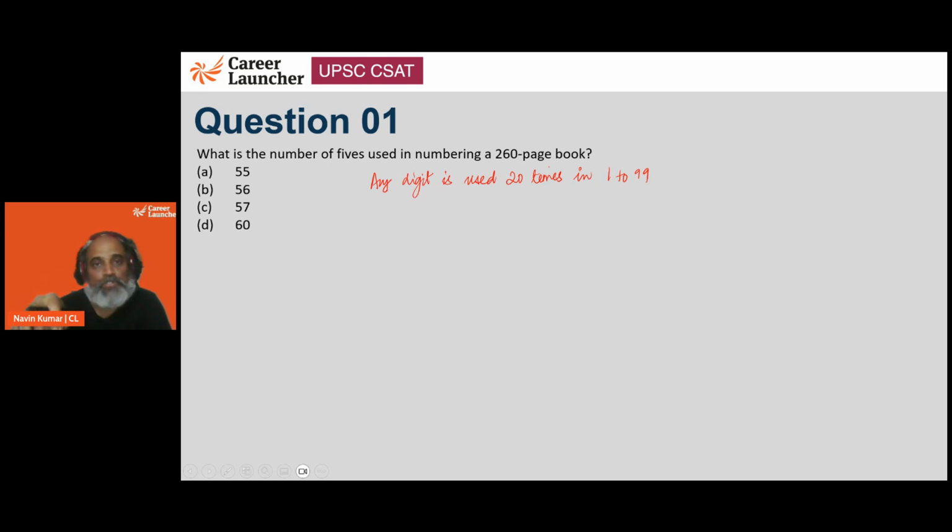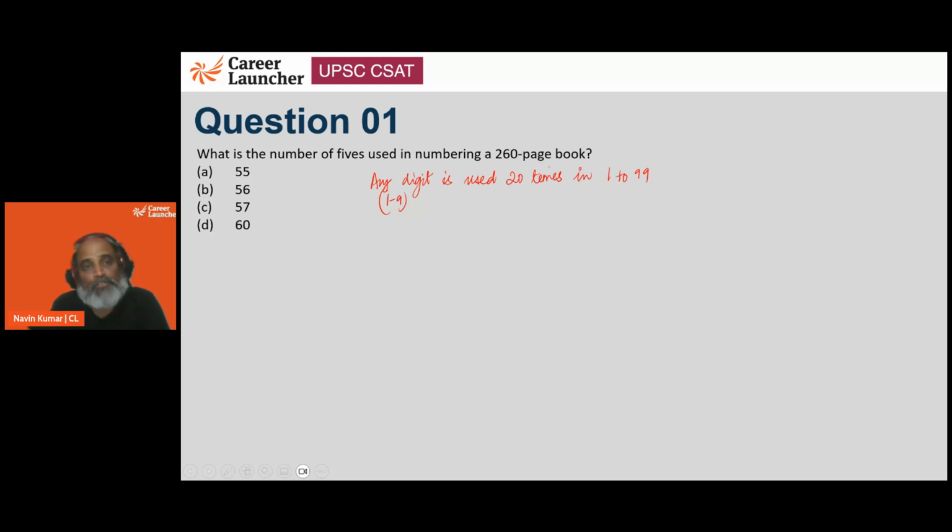So the digit 2 is used 20 times, digit 3 is used 20 times, digit 4 is used 20 times. So every digit from 1 to 9 is used 20 times, and it's 0 which is used only... not 10 times, it's actually 9 times.